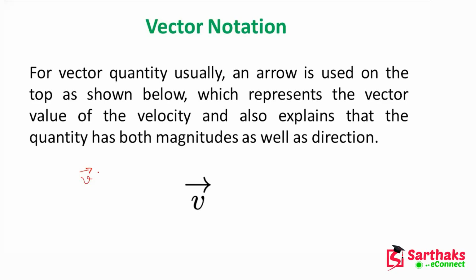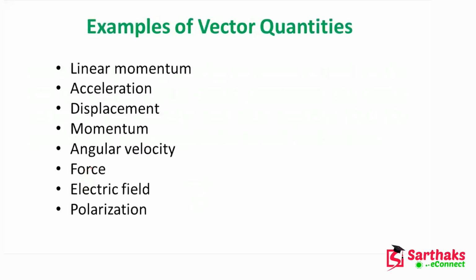Sometimes it may not be the length AB or CD, it may be some quantity. So here you can see that above B you have to put one arrow. Some examples of vector quantities: linear momentum, acceleration, displacement, momentum, angular velocity, force, electric field, polarization.